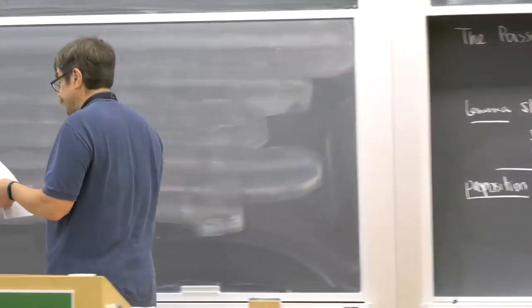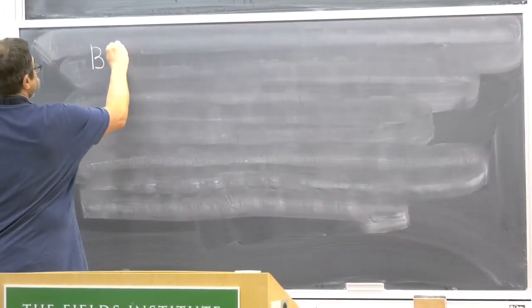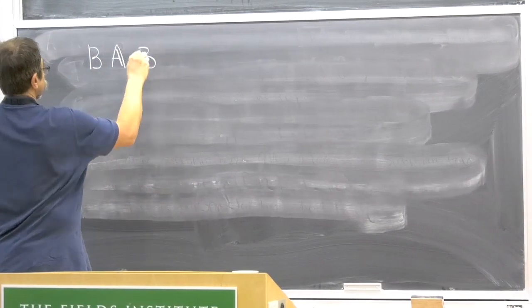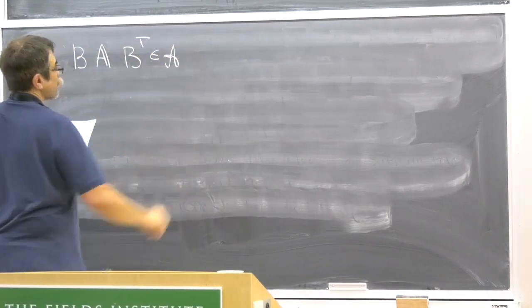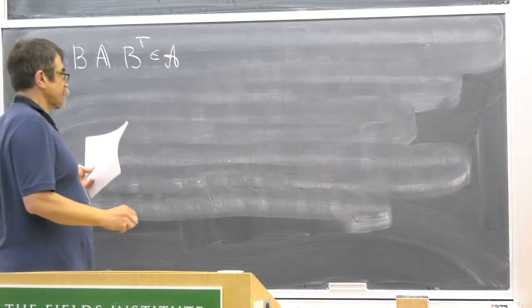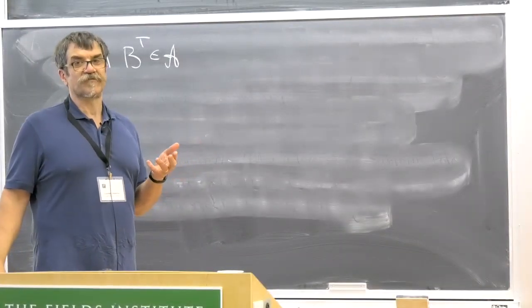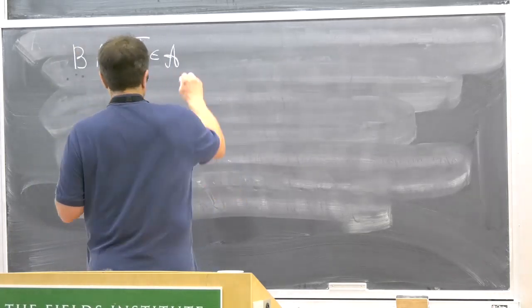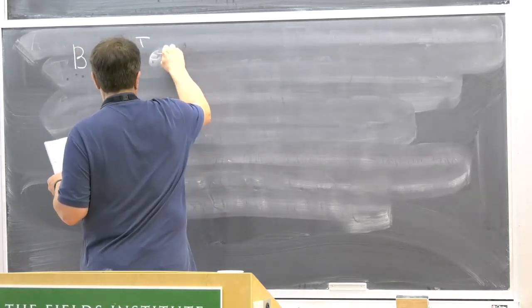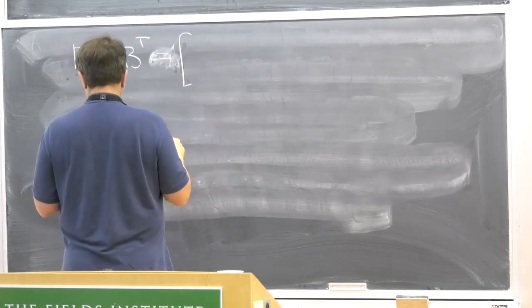And what do we then have? Let's just look at this formula. B transposed belongs to this set. Let's take B some matrix in general position, almost general, as we'll see. And we just say that this product of matrices has this structure.